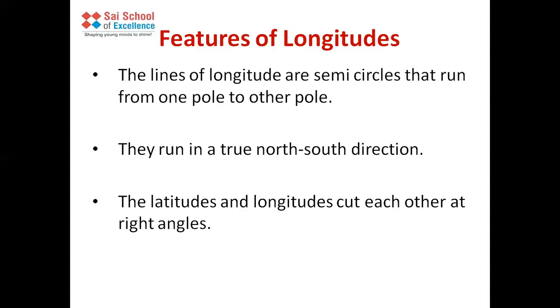Now, let's read features of longitudes. The lines of longitude are semicircles that run from one pole to the other pole. They run in a true north-south direction and the latitudes and longitudes cut each other at right angles.